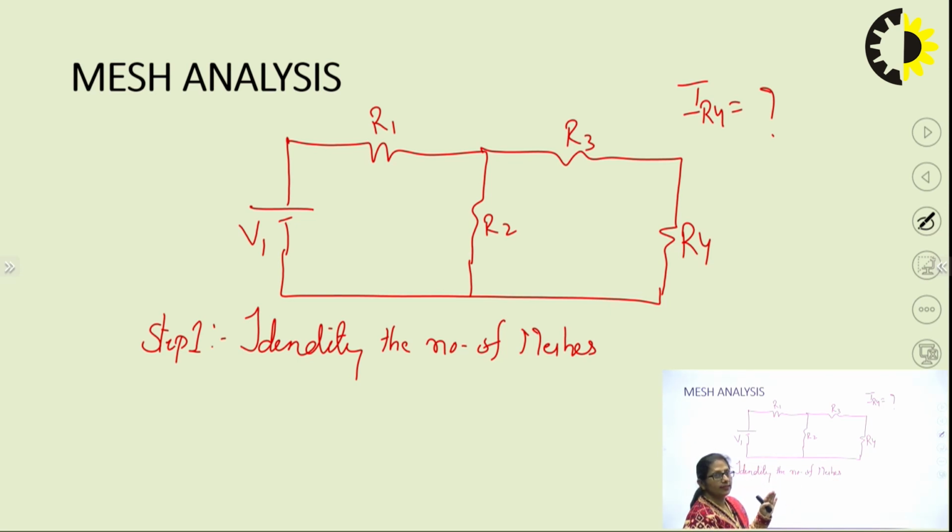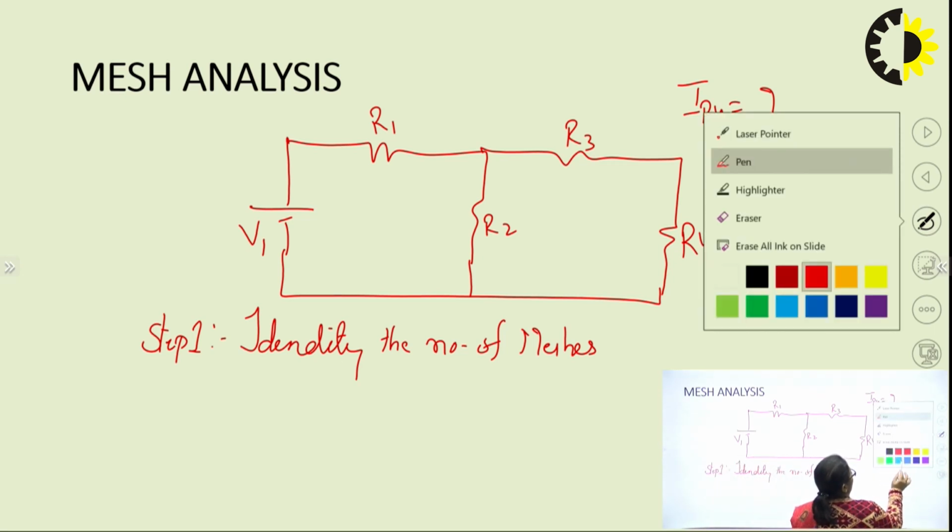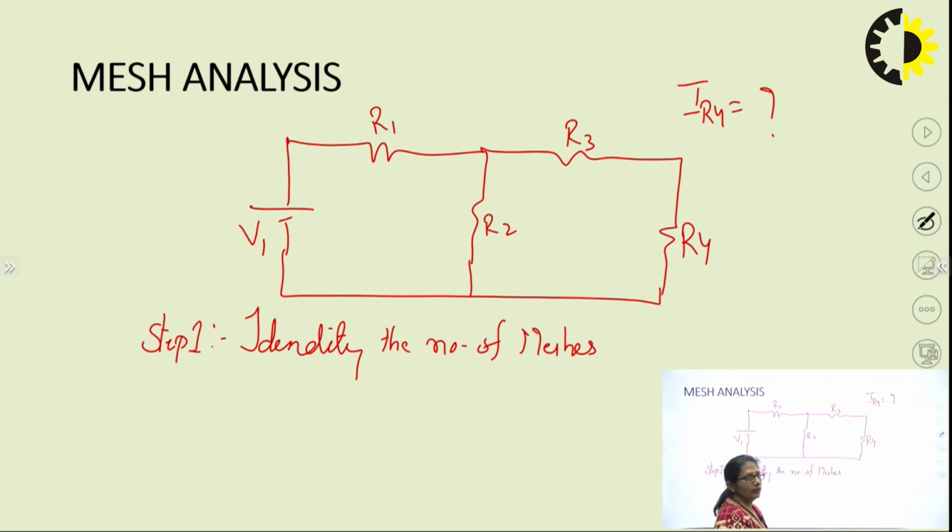Meshes means the smallest closed circuit that can be formed in a network. The smallest closed circuits that can be formed in this network will be 2. That will be 2 meshes.